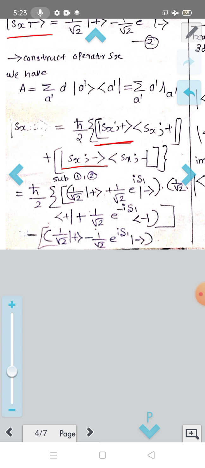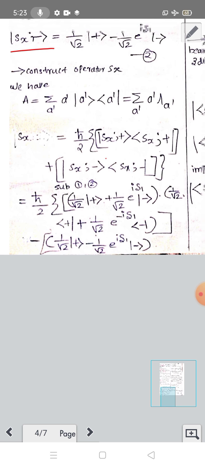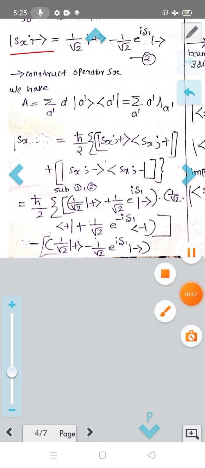We have added the plus state. Now for the minus state, that is |Sx-><Sx-|, according to the completeness theorem. Anyway, we substitute what we already found out for Sx minus and Sx plus from equations 1 and 2.